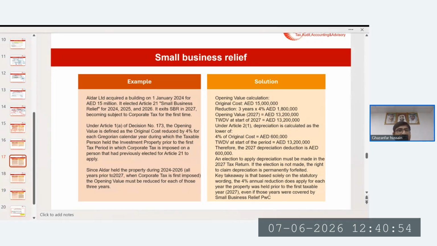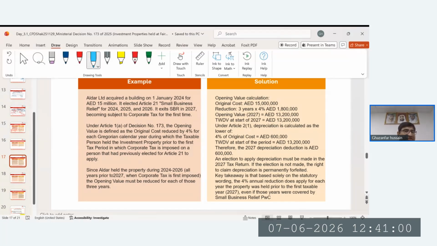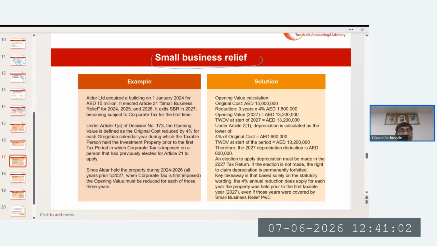Okay. Small business relief. Why are we looking at small business relief? Because if the person has already opted for small business relief, he may not be able to elect the Ministerial Decision for fair value properties. Dar Limited acquired a property on 1st Jan 2024 for 15 million.